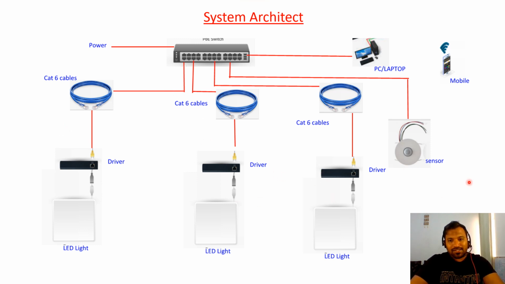Then if you require sensors, you can operate them, for example in huge offices, hotels, or shopping malls. You can put these sensors in so that if there are no people, the lights automatically switch off. Nowadays, with the new technology, the lights themselves have an inbuilt sensor. If people are not there, they can switch off.